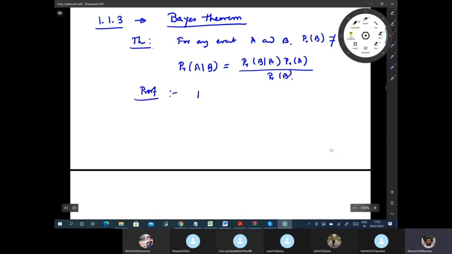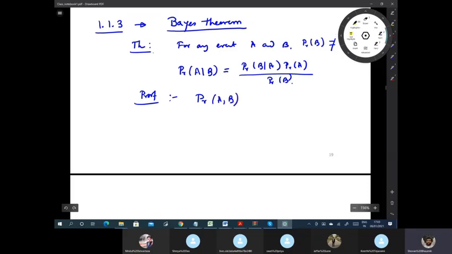The joint probability P(A intersection B), or P(A,B), equals P(A/B) times P(B), which equals P(B/A) times P(A).